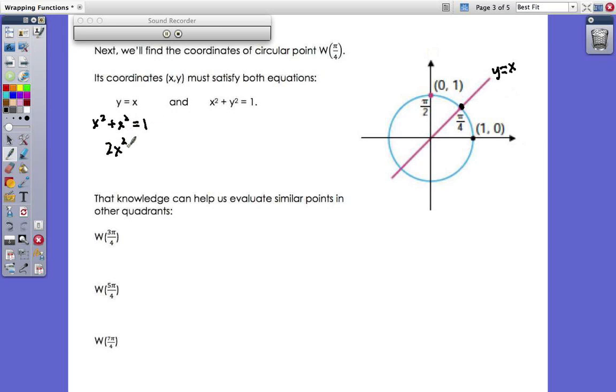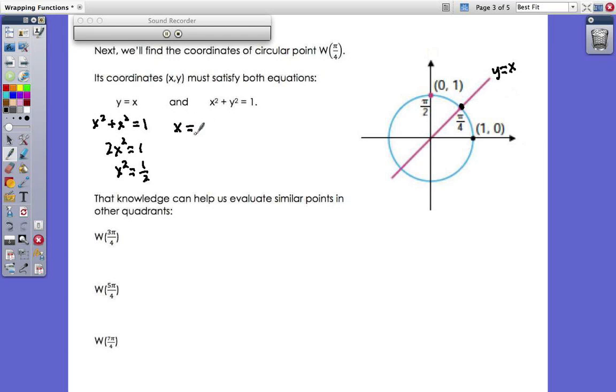So I get 2x squared equals 1, which means x squared is a half. And that must mean that x is either plus or minus the square root of 1/2. Since I knew that this was in the first quadrant, I'll take the positive square root. So that tells me x is the square root of 1/2.